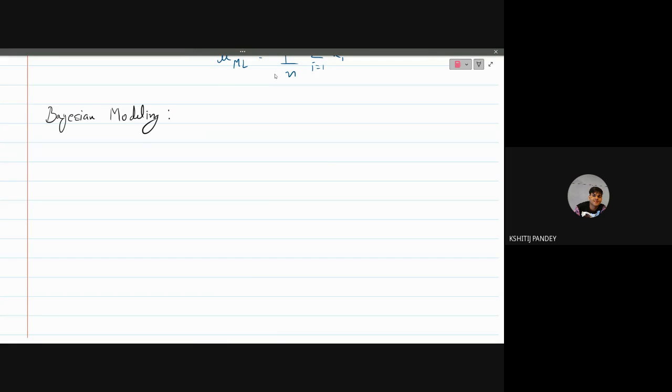So let's say we have data of all zeros and ones. As we assume, it comes from a Bernoulli distribution. It comes from flipping a coin. Let's take a simple example. Let's say you have a coin and you want to find the value of p for that coin. Sometimes what happens, let's say your coin has a bend.